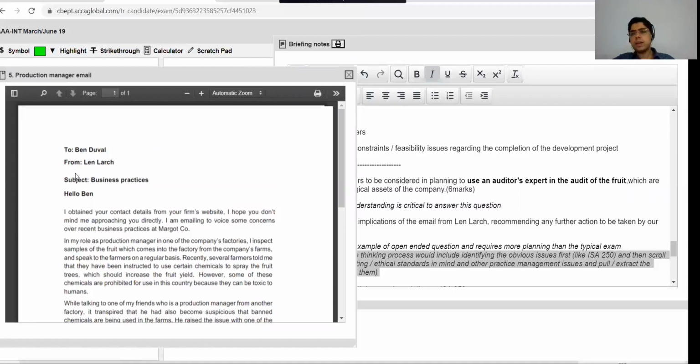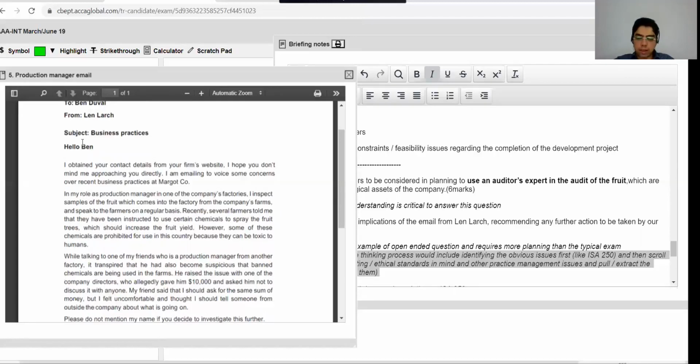Why is a production manager sending an email to an audit partner? Because the two are not really connected. So you need to take care of this particular aspect when reading the scenario. The subject is even more fishy: business practices. So maybe some bad business practices are going on.